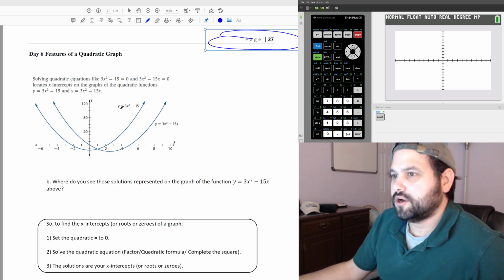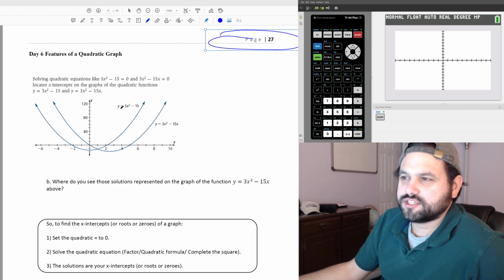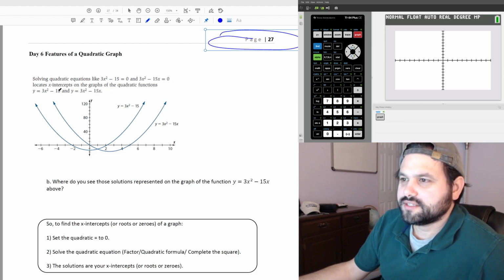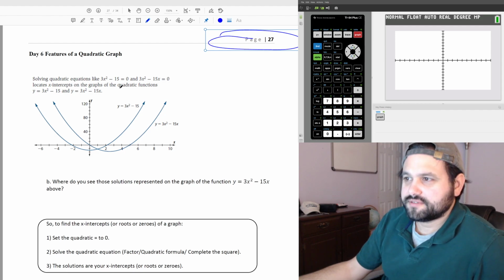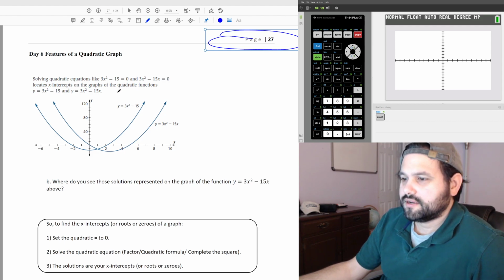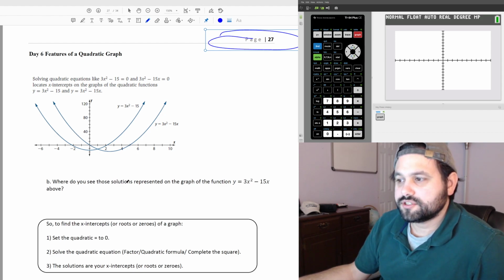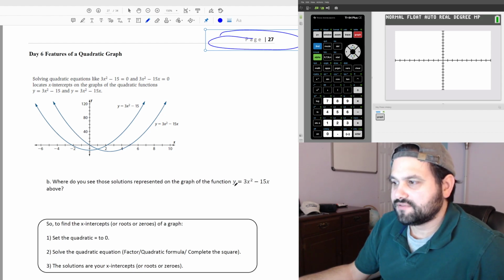Awesome. So, solving quadratic equations like 3x squared minus 15 equals 0 and 3x squared minus 15x equals 0 locates x-intercepts on the graphs of the quadratic functions. Okay, so here are the graphs of each one. Where do we see those solutions represented on the graphs?